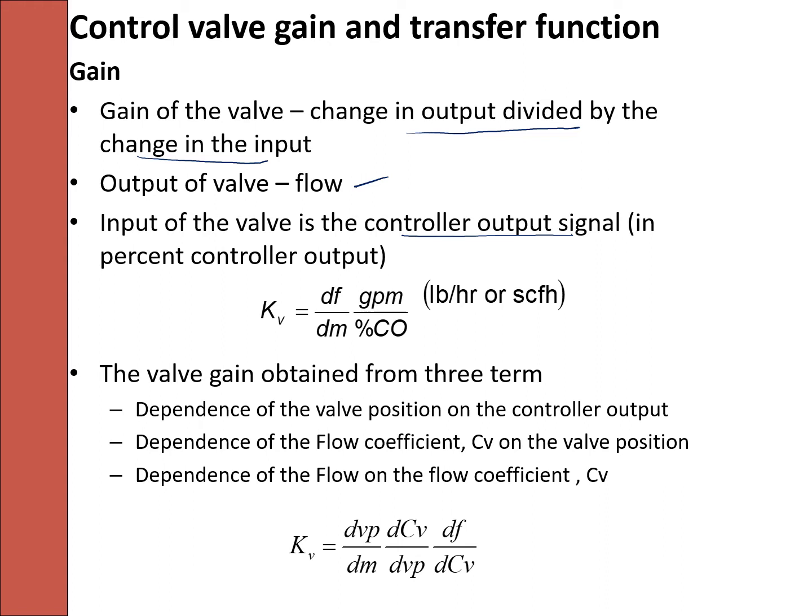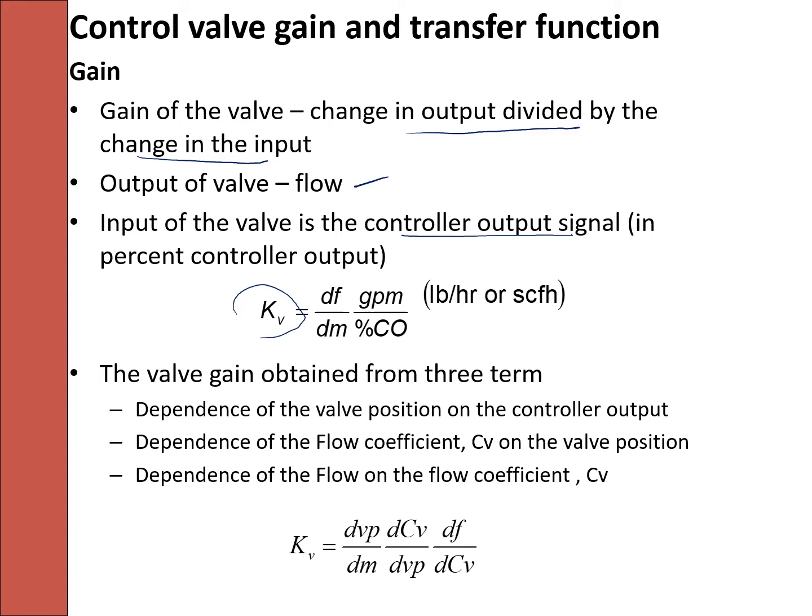So the equation for the gain of the valve, Kv, is equal to dF over dm, where dF is the flow and dm is the control output signal. The unit is GPM over percent CO, or lb per hour over percent CO.